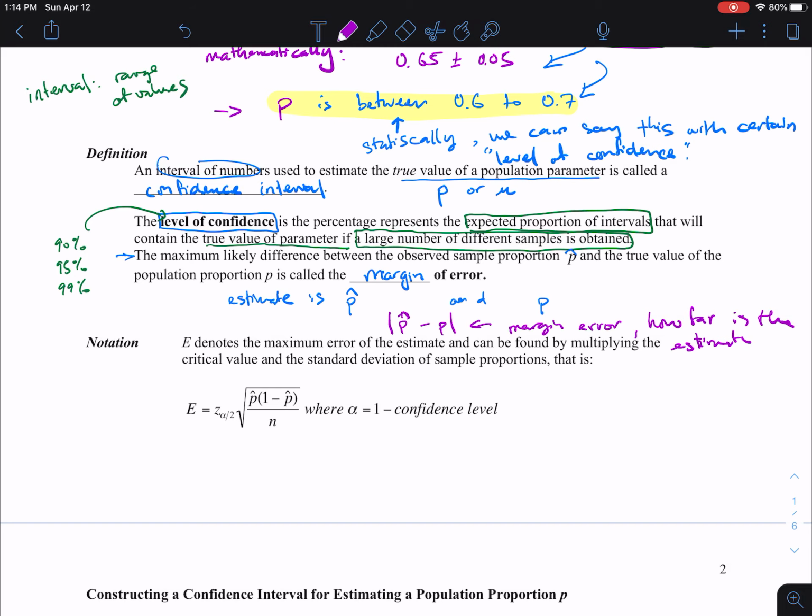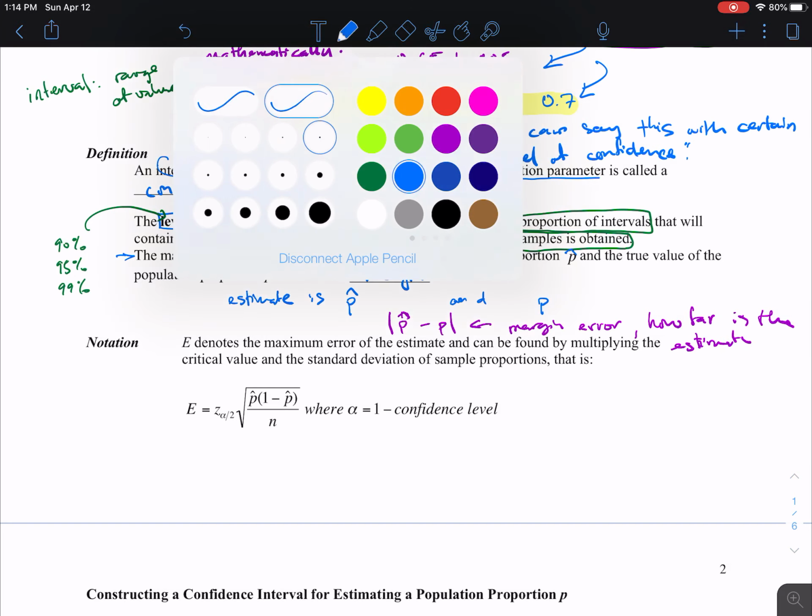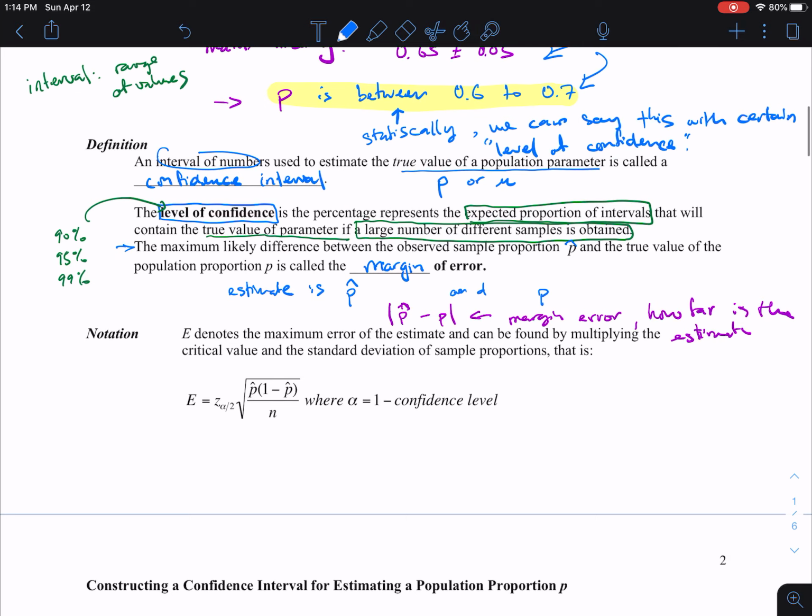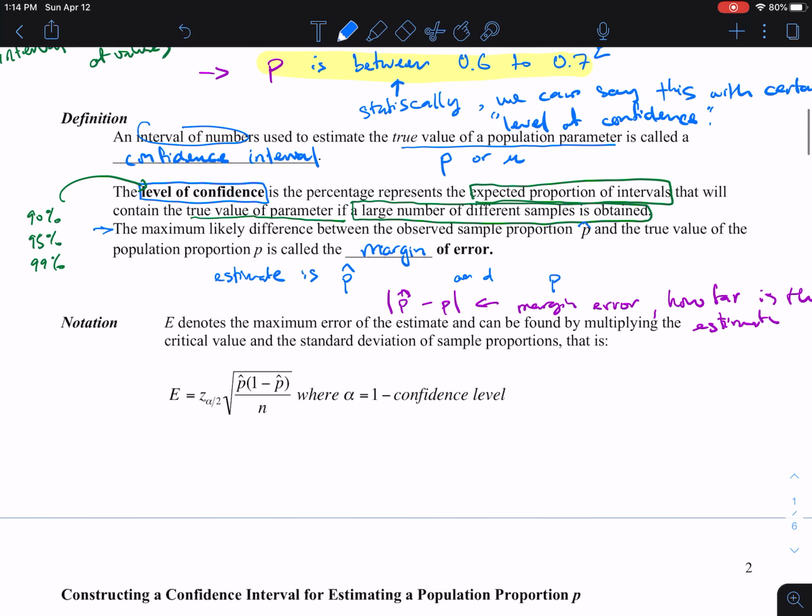All right. So in terms of notation, we denote the margin of error E, the maximum error of the estimate, and it can be found by multiplying the critical value and the standard deviation of the sample proportion. So this requires introducing the distribution of the sample proportion, the distribution of p hat.